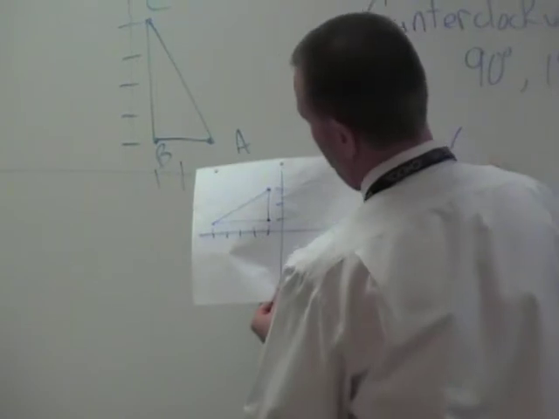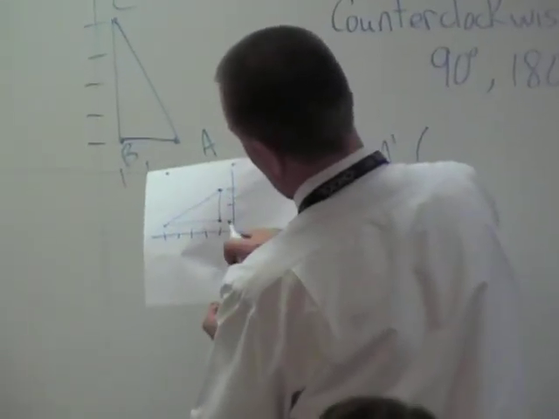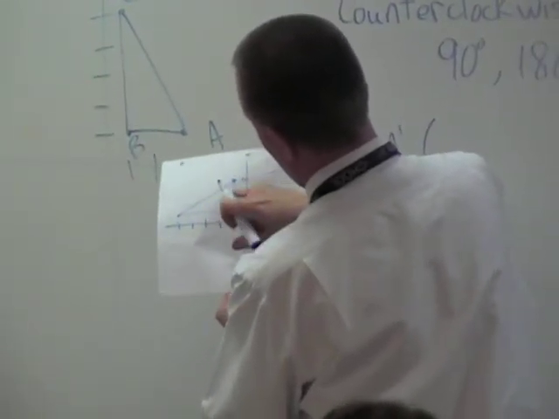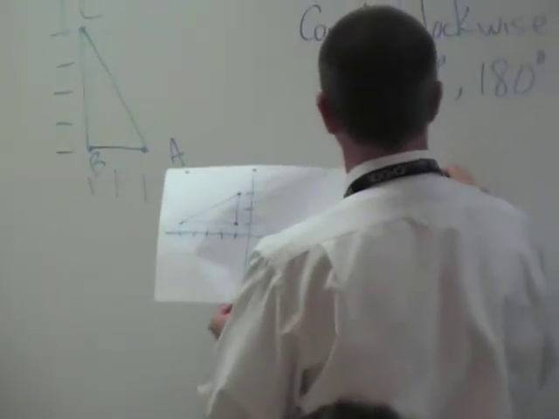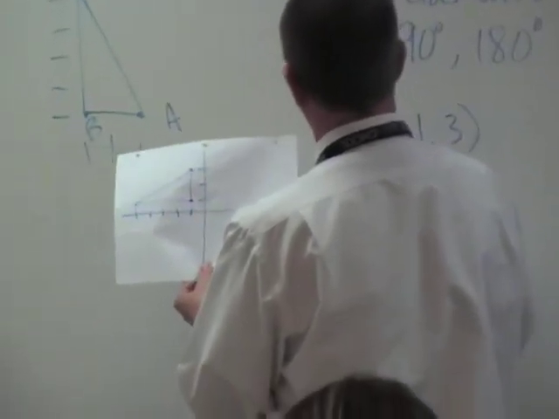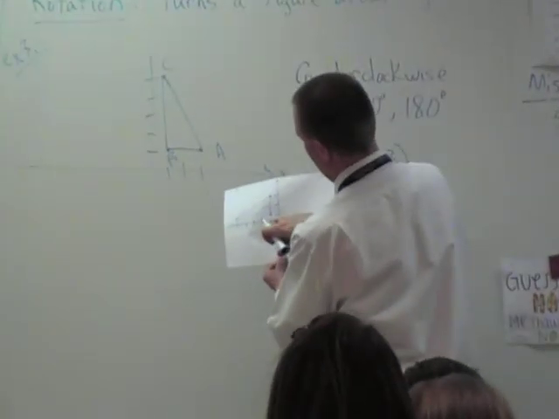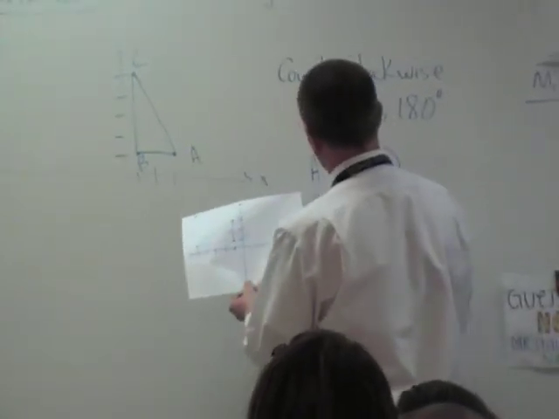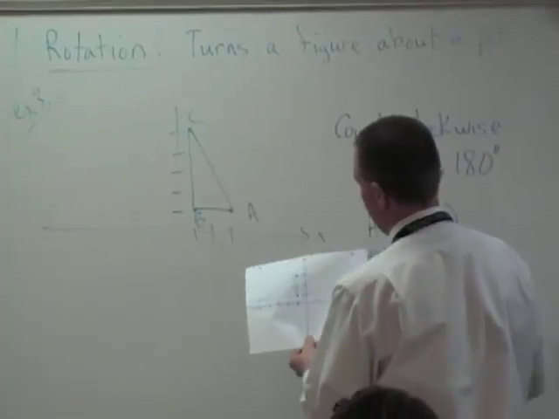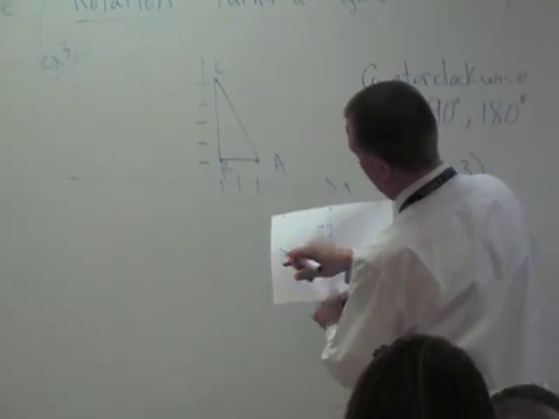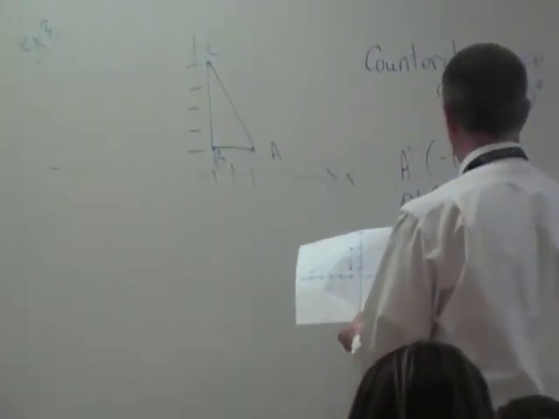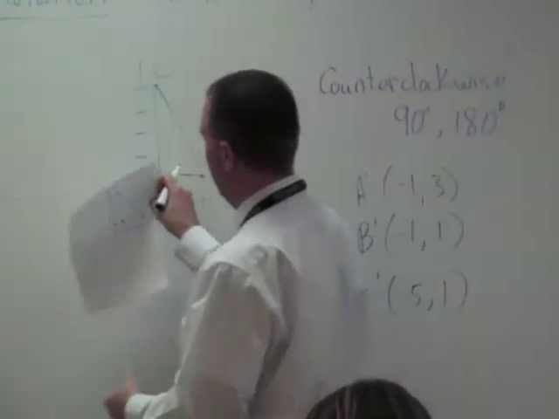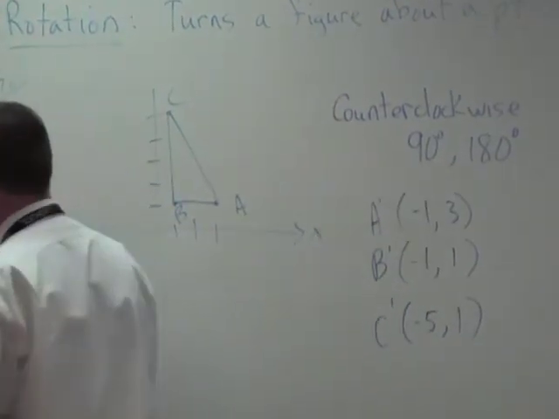So all I have to do is look at this. A prime is going to be at -1, 3. B prime is going to be at -1, 1. And C prime is going to be at -5, 1. Then turn it back up and plot your points.